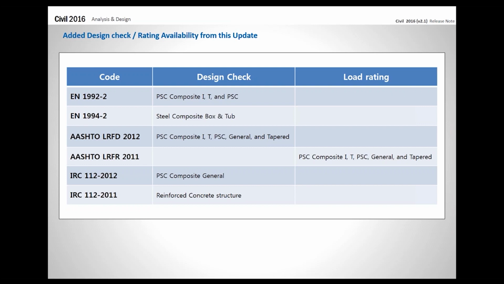For AASHTO LRFD 2012, PSC composite design check is available. And for load rating, AASHTO LRFR 2011 PSC composite section is available. As it goes on, design check for PSC composite section general for India code is available, and reinforced concrete structure design check for India code is available.